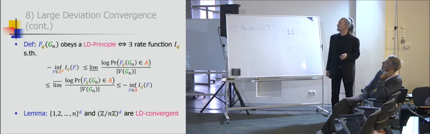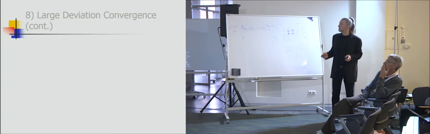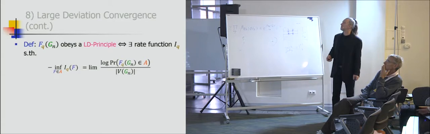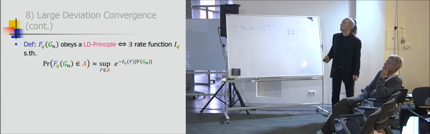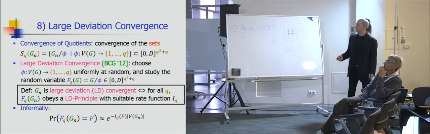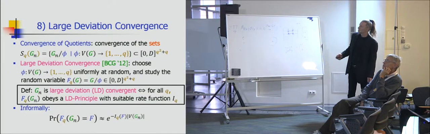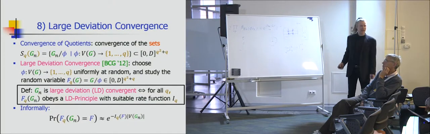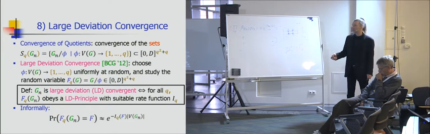This large deviation rate is sort of e to the minus I. Let me go back to the previous page. Here, it's suppressed like that. There are q to the n many colorings, so q times e to the minus I is the entropy per vertex of your colorings when you fix these cuts.